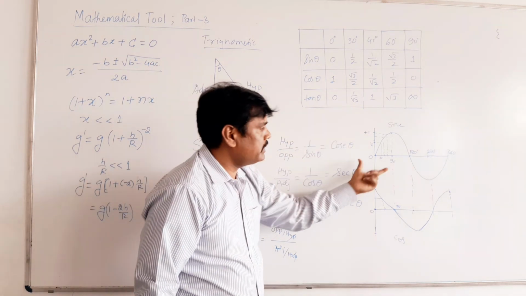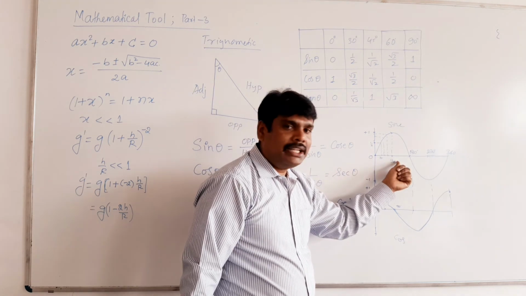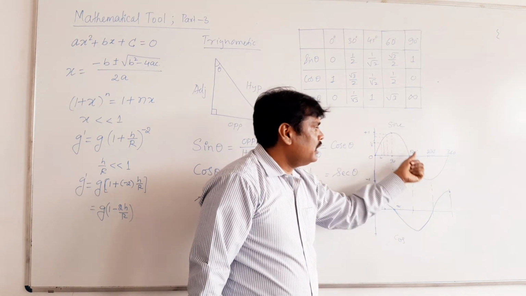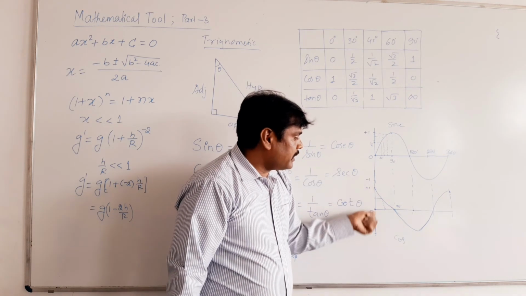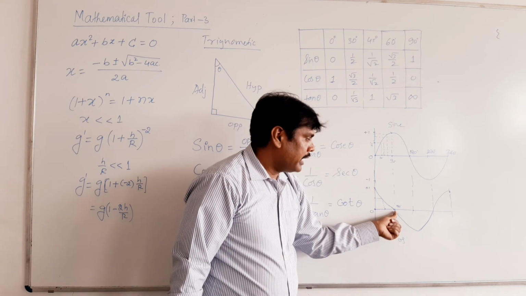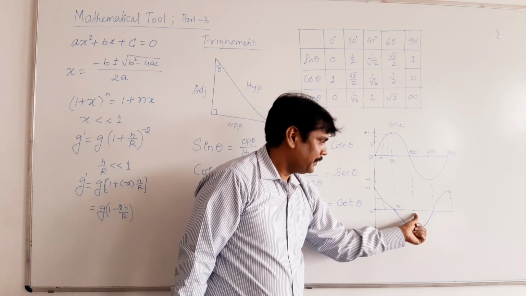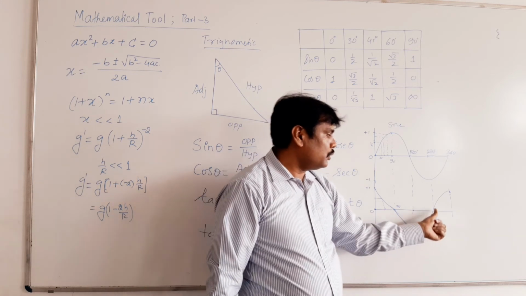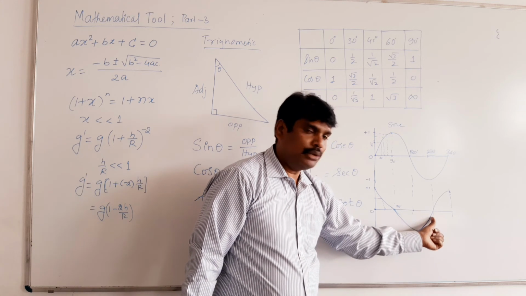Why I have taken this graph is that the sine value increases from 0 to 90 and decreases from 90 to 180. But the cos value decreases from 0 to 90 and increases in the reverse direction from 90 to 180. From 180 to 270 it increases in reverse but with negative value.